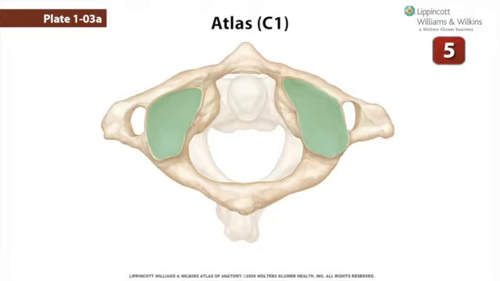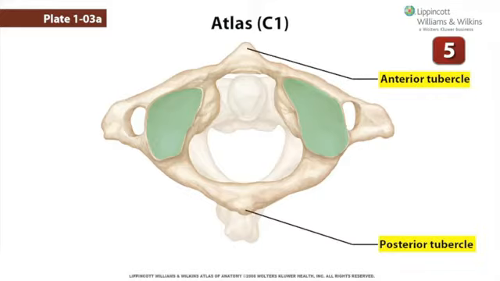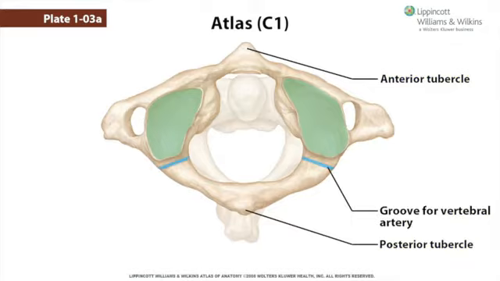In place of a body and a spinous process, it has an anterior and a posterior tubercle. There is a groove on the superior surface of the posterior arch for the vertebral artery, which turns medially upon passing through the transverse foramen of the atlas. The superior articular processes of the atlas articulate with the occipital condyles.